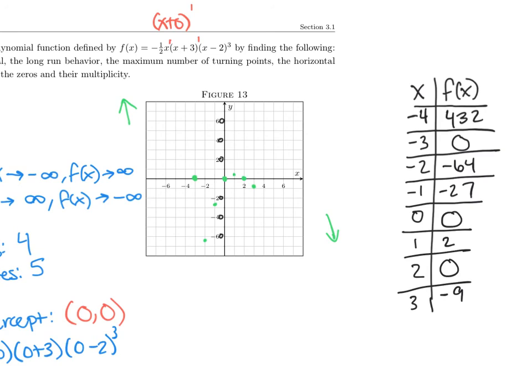I know my left arrow over here is supposed to be sticking up, so I'm going to start it somewhere over here. We can't quite reach that 432 for negative 4, so I'm going to start it like here-ish. And now we're just going to play connect the dots. I'm going to work through here, all the way down. I'm hitting this x-intercept, and it's going straight through, all the way through and coming back around.